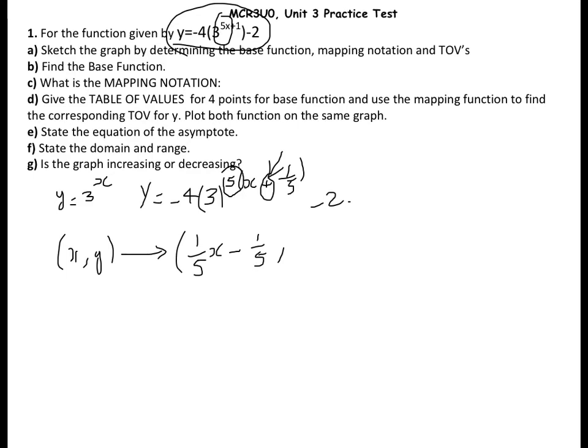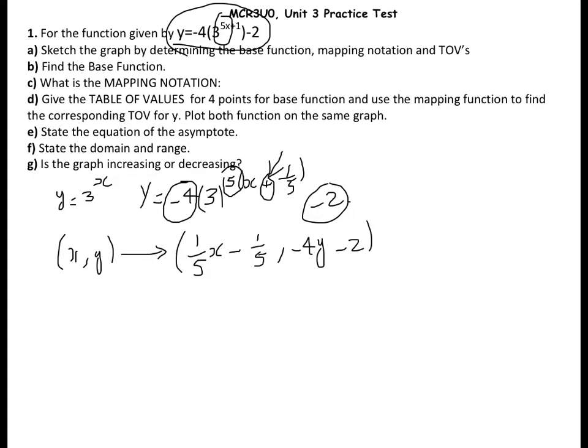Now for y, you multiply by negative 4, so it becomes negative 4, and there is a negative 2 here, which is a translation down, so negative 4y minus 2. This is going to be part C, which is the mapping notation.